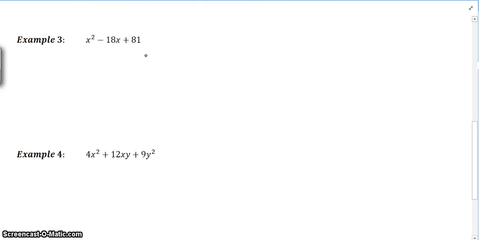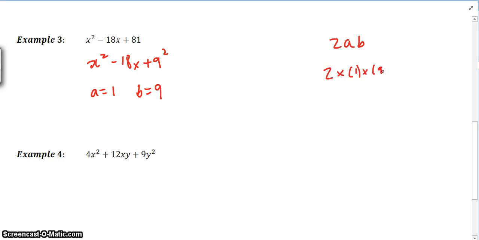Next question, let's rewrite this as x squared minus 18x plus 9 squared. Again, let's satisfy the condition of 2ab. What is our value for a? The coefficient of x squared is just 1. The last term is 9 squared, so b is 9. Let's check the 2ab: 2 times 1 times 9 is equal to 18, which means it is a perfect square because it satisfies what's in the question.